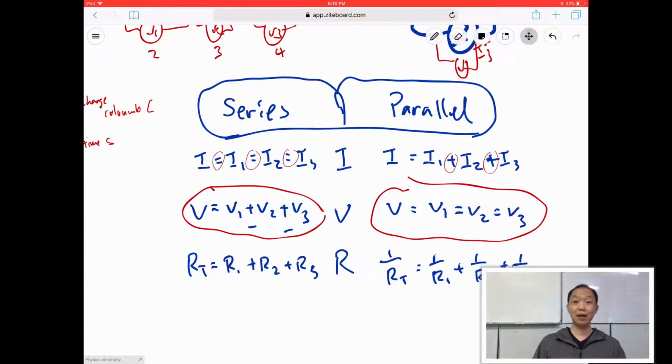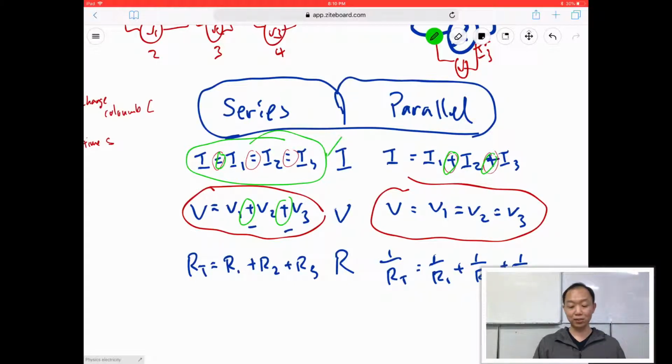For series, the strategy is you just need to remember one, which I'll highlight in green, and it makes a lot of sense because it's series, so the flow is the same: I equals I1 equals I2 equals I3. Then everything else is the opposite, meaning if this is equal, this will be plus, and this is plus.